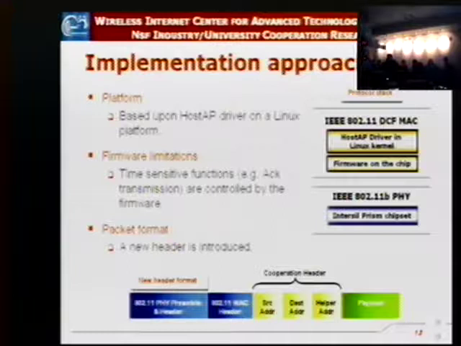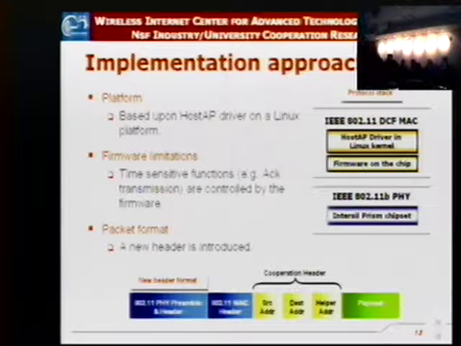What we should see in this figure is that we added a new header, what we call CoopMAC header or cooperation header. We added it just after the 802.11 MAC header in the beginning of the payload. And we maintain there the source address, the destination address, and the helper address. And these are the original source address and the original destination address.